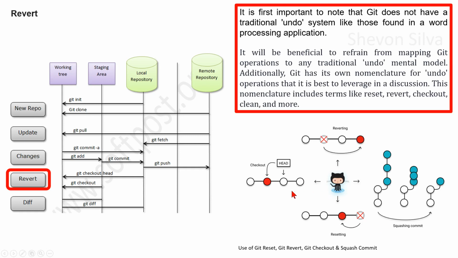Here, undo uncommitted changes using git checkout -- file name.